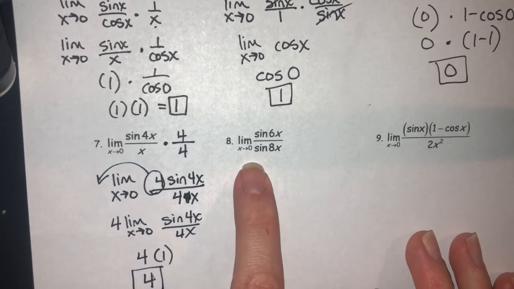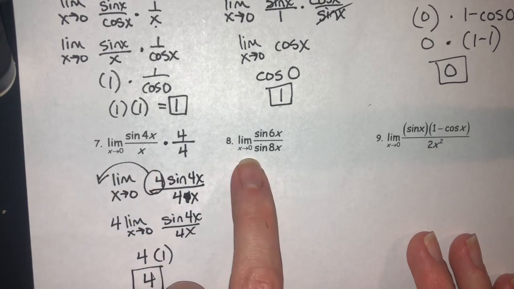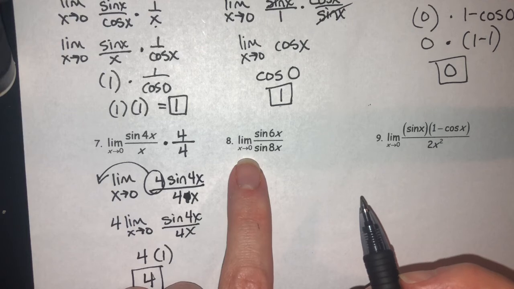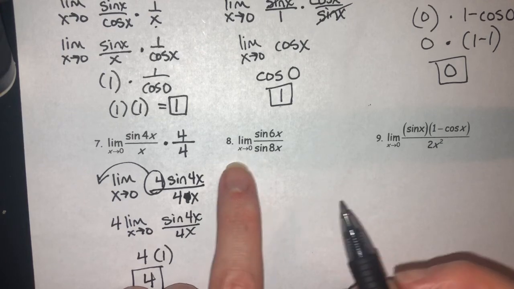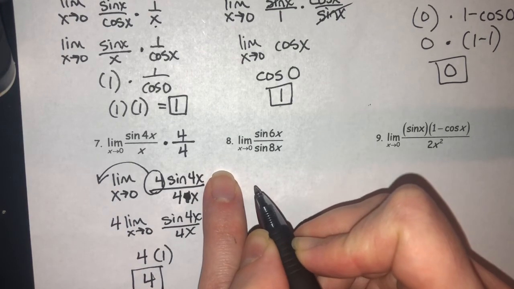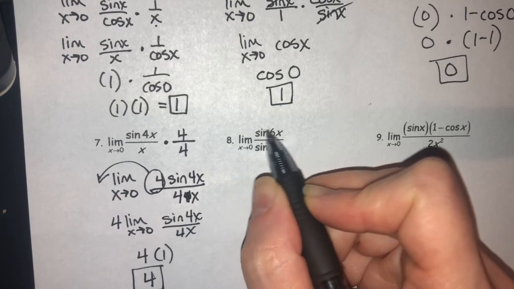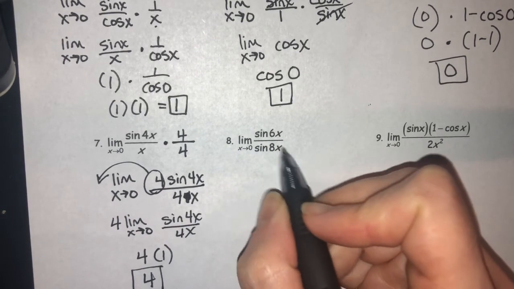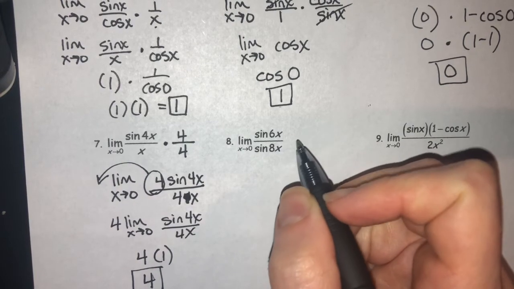Now number 8 is very similar to number 7, except it's a little bit extra. So let's see, what would really help for this sine of 6x would be if I had a 6x underneath it. And what would really help for this sine of 8x would be if I had an 8x up above it.